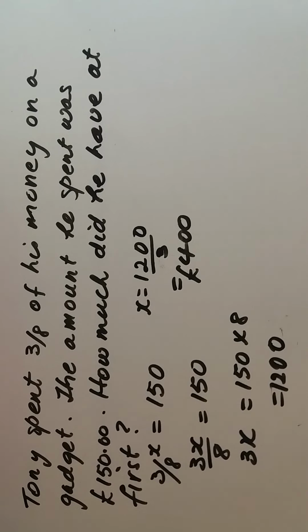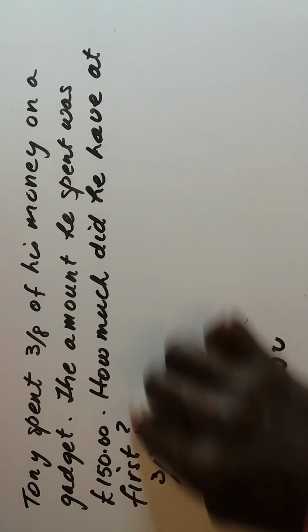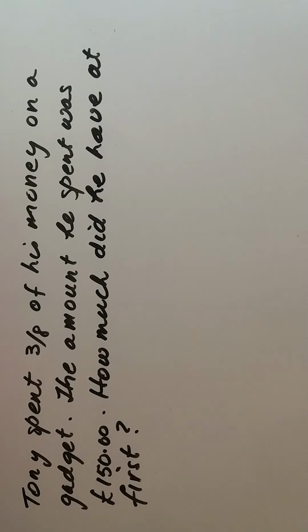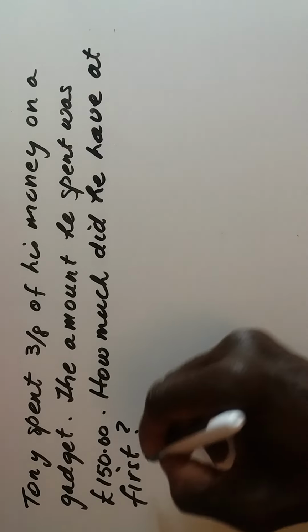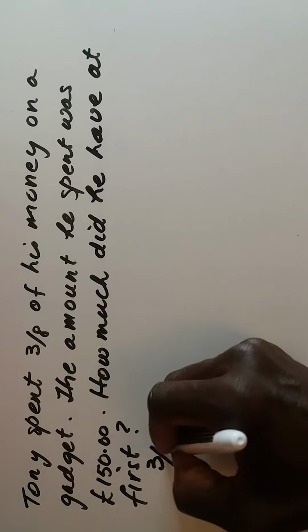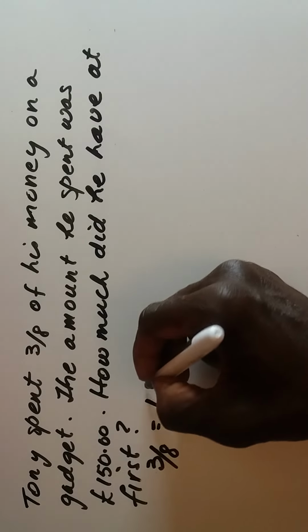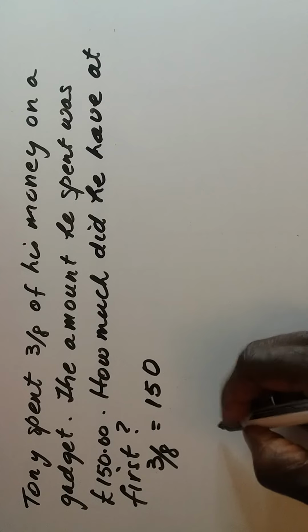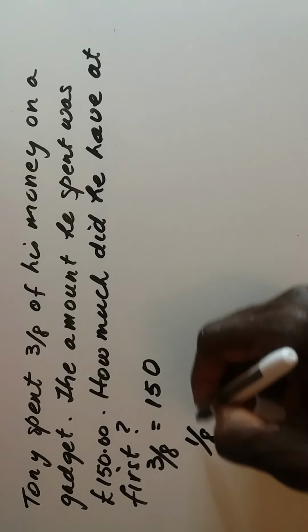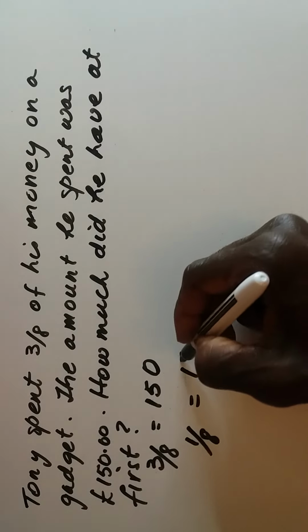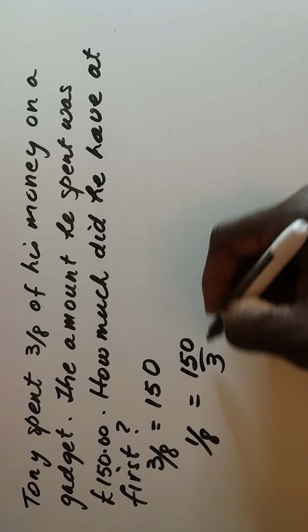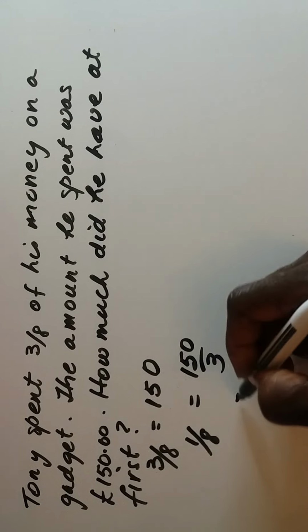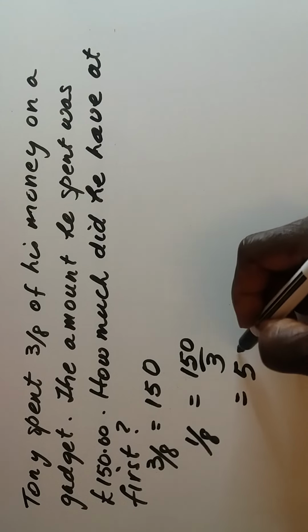And another approach would be to consider that 3/8 is equal to 150. We can find 1/8 by dividing 150 by 3, that gives us 50.